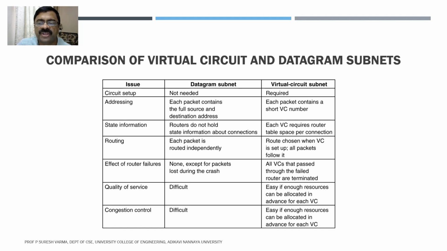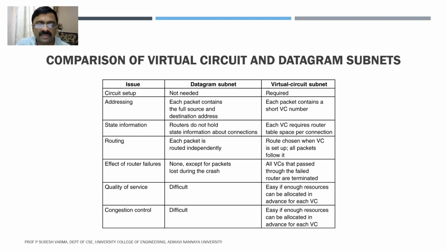But in the virtual circuit subnet, each packet contains only a virtual circuit number. The virtual circuit number contains all intermediate node details to carry the packet from source to destination, so each packet requires only the virtual circuit number.